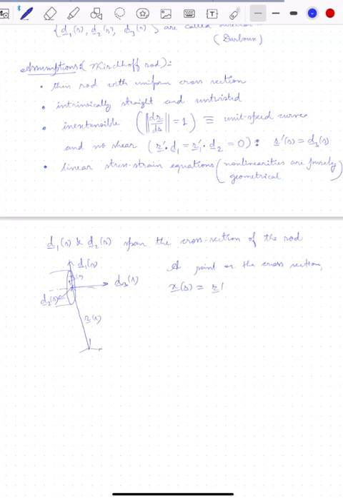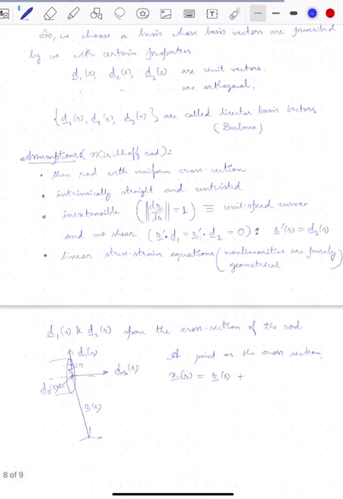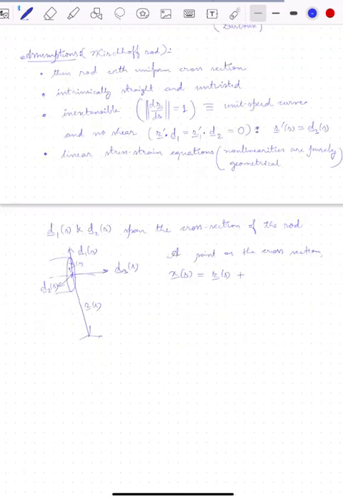So x of s is r vector of s plus, locally, something else. Let the radius of the cross section of the rod be a, which is D by 2, where D is the diameter.